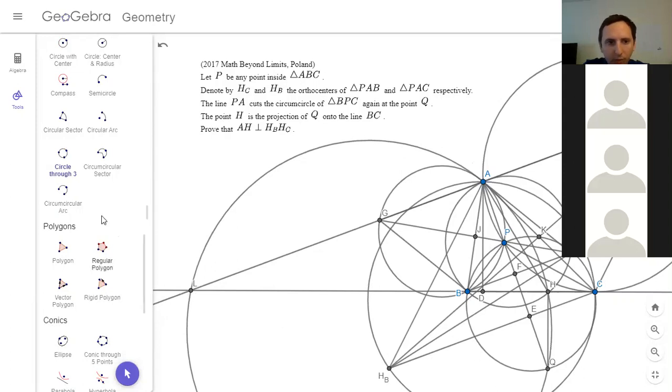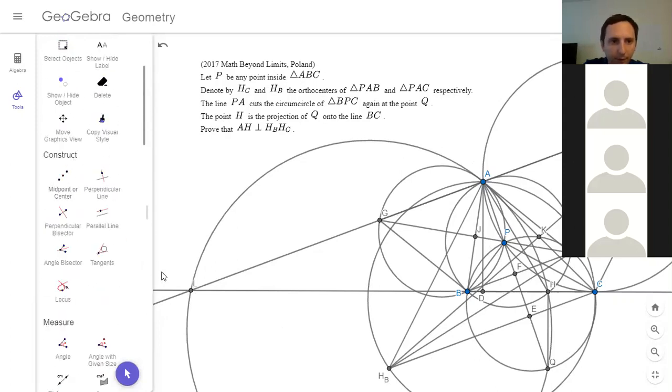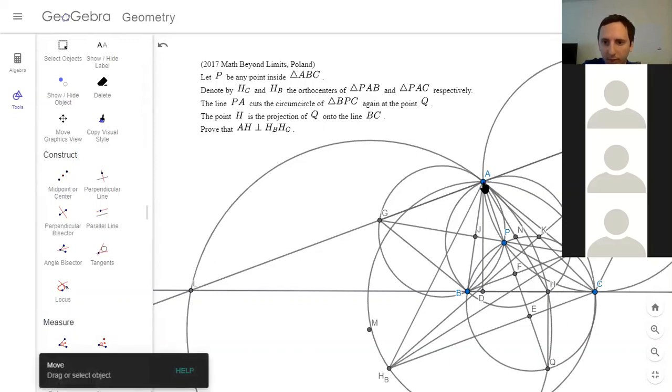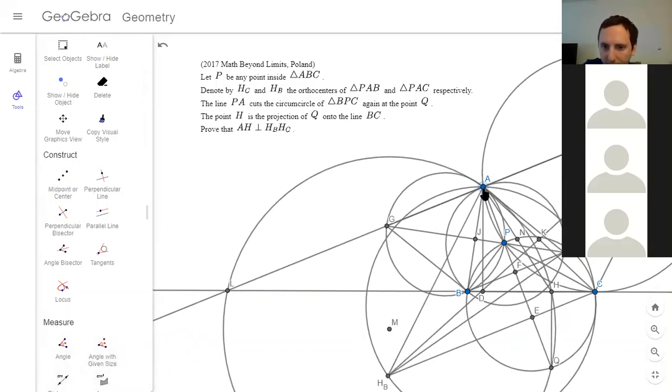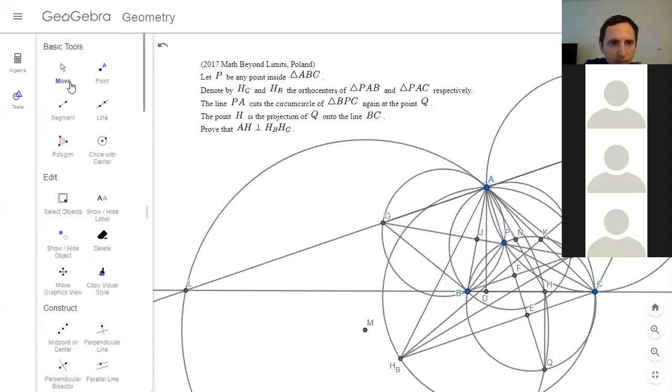And AH, so if we draw the center of this circle, which is basically the midpoint of QL, then we draw the midpoint of AH, then we want to show that MN is parallel to HBHC. It's kind of weird, but J, N, and K are collinear.